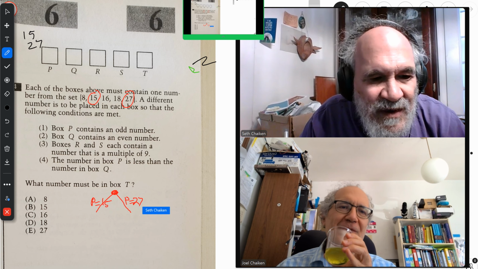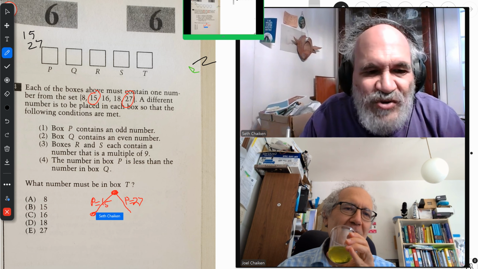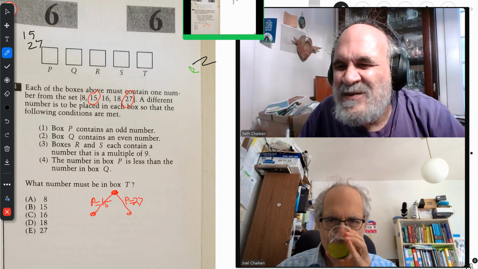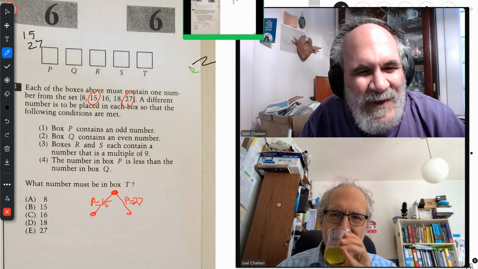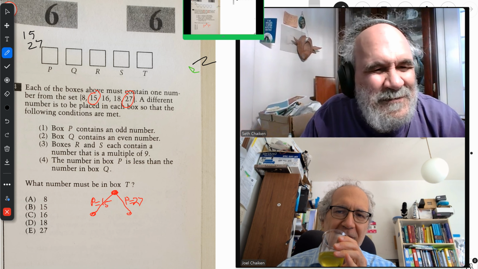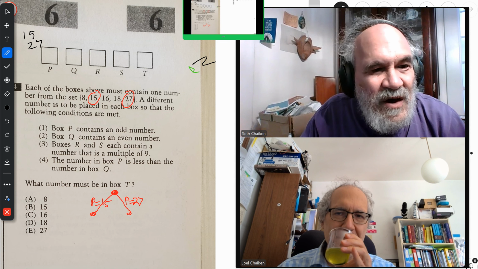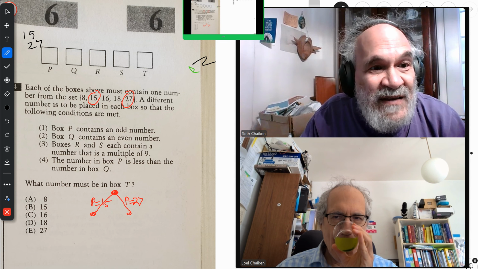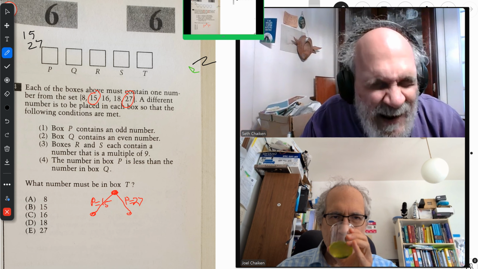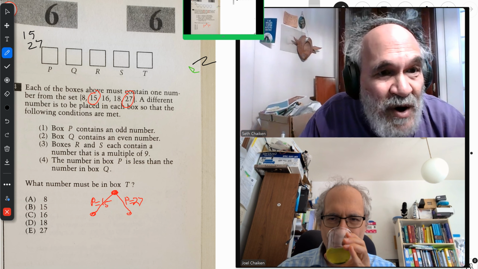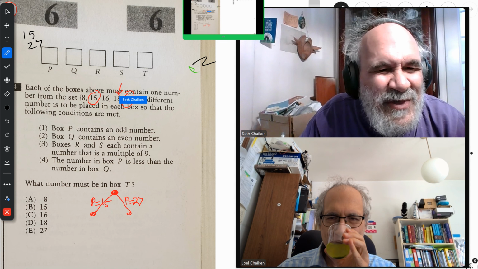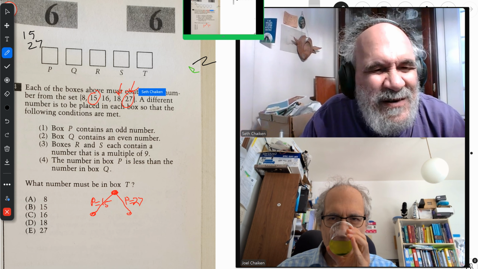Why don't we deal with condition 3 first? Because there are only two numbers that are multiples of 9. Both R and S contain a multiple of 9. So what are the multiples of 9? 18 and 27.